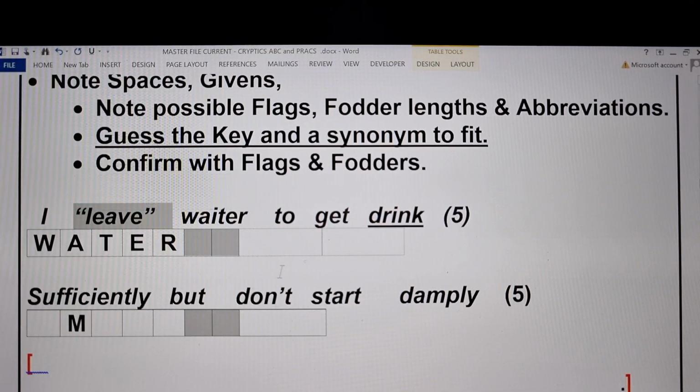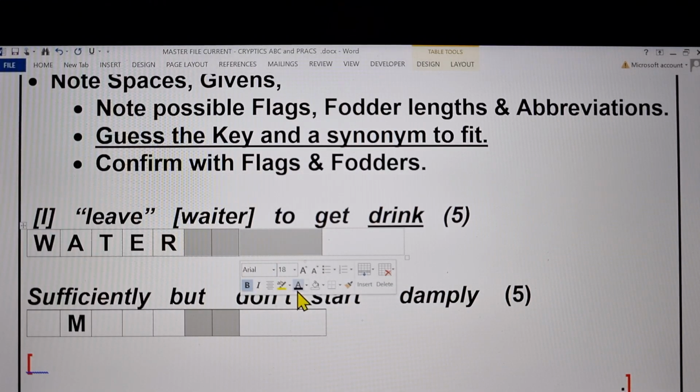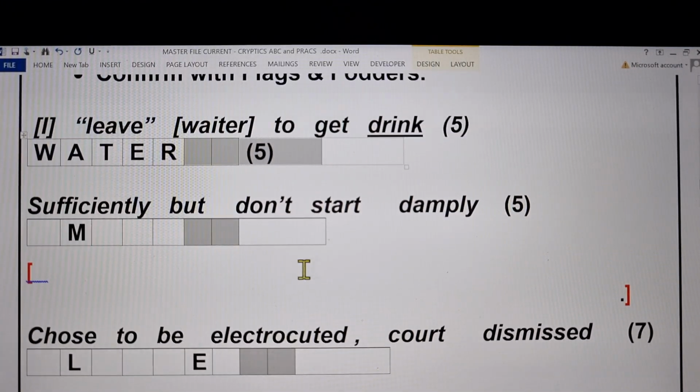There's the omission flag, and there usually are two fodders. There's one, that's the I, leaves the waiter. And if I leaves the waiter, that I is gone. What's left? Water. There it is. That's your omission. That proves that you are right. That's your confirmation.